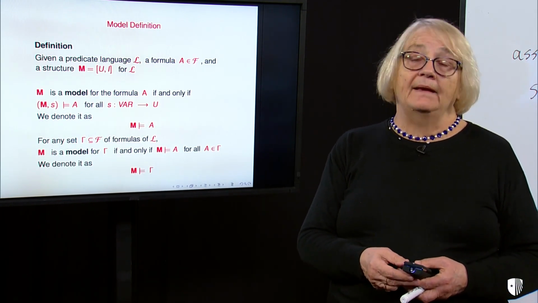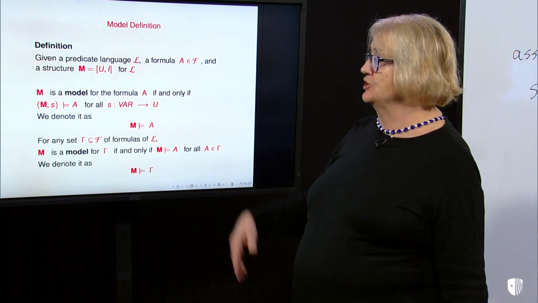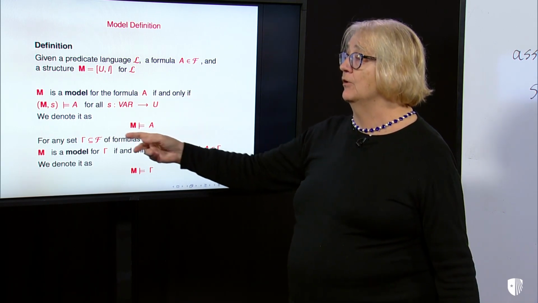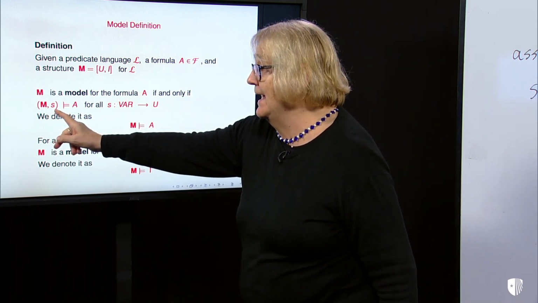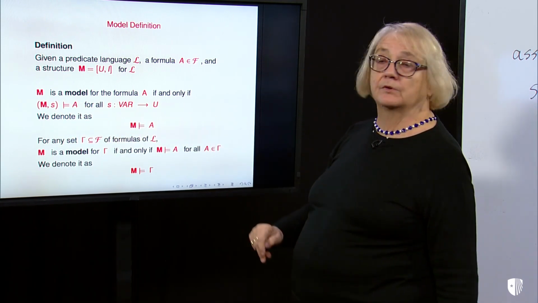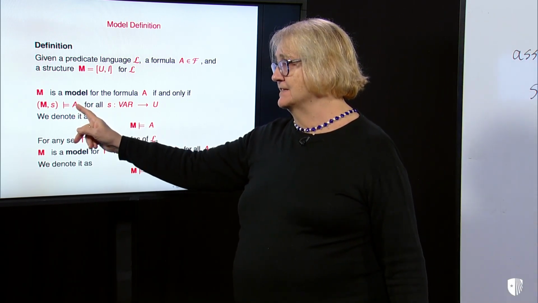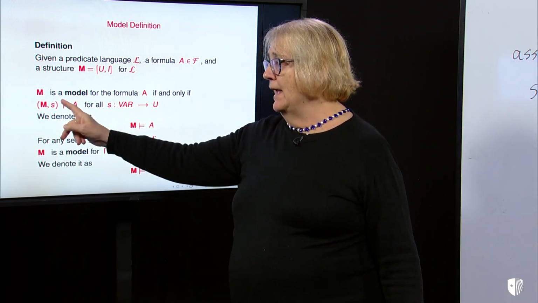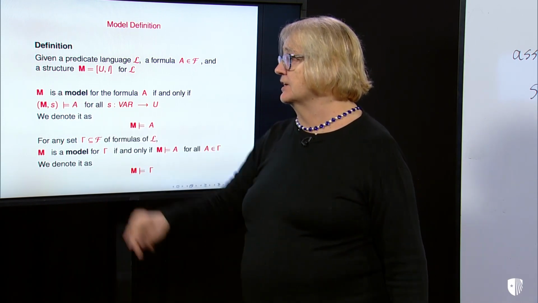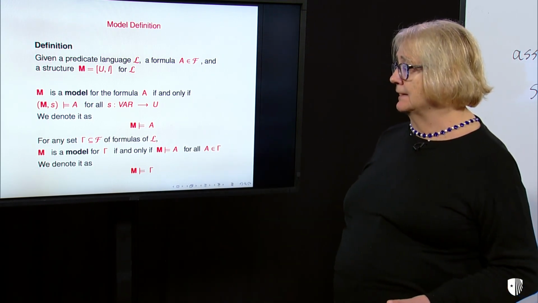And now we have the normal definition of a model. A structure M is a model for a formula A if and only if M with S satisfies A for all possible variable assignments S. If all S satisfy A in the structure M, we write it like that.